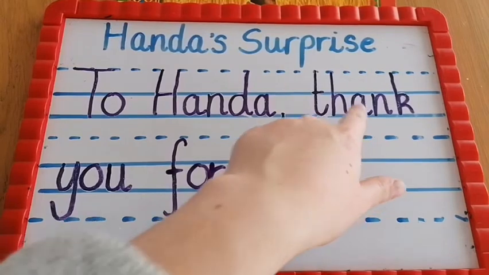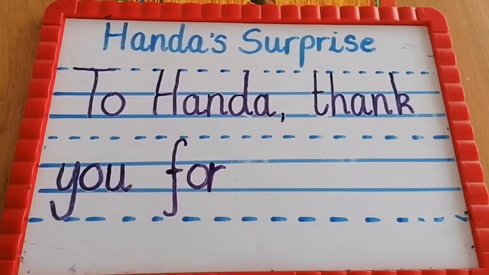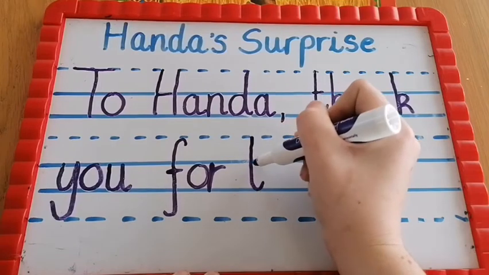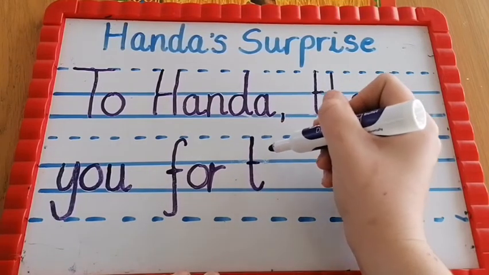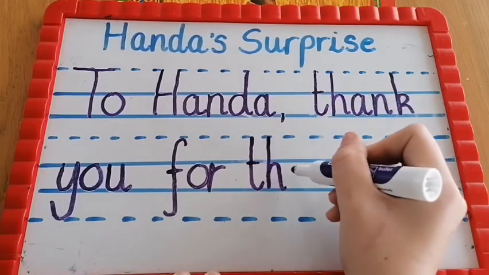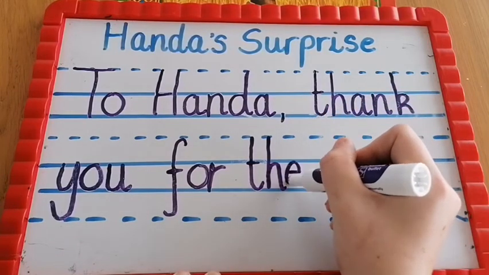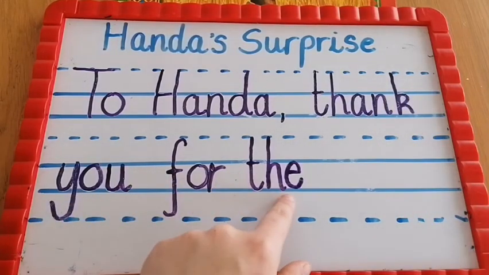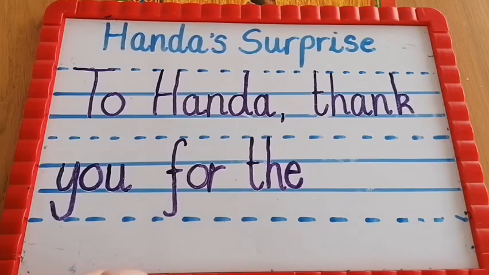The. Thank you for the. The is one of our tricky words. Down the tower, across the tower. Down the horse's neck and over his back. Chop off the top and scoop out the egg. Thank you for the fruit. Fruit.